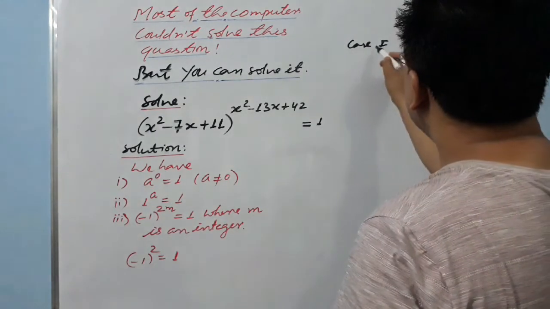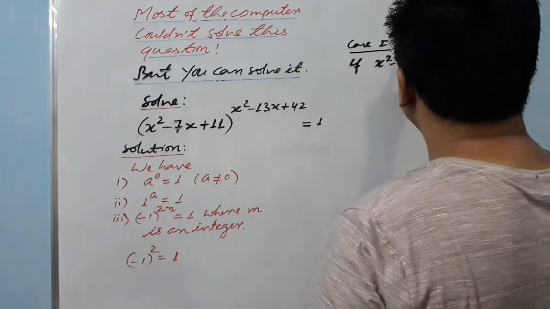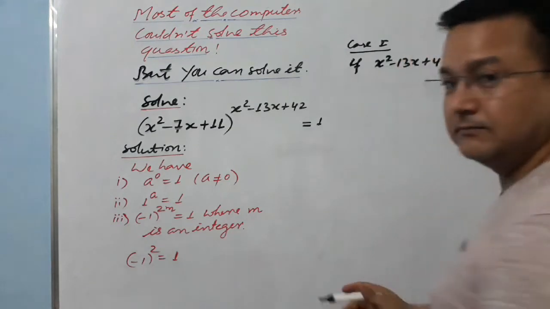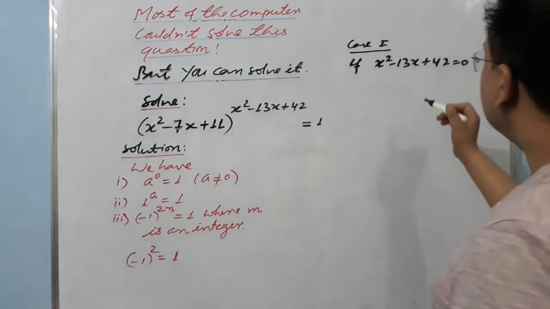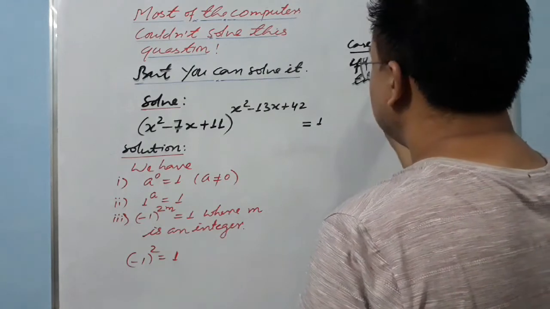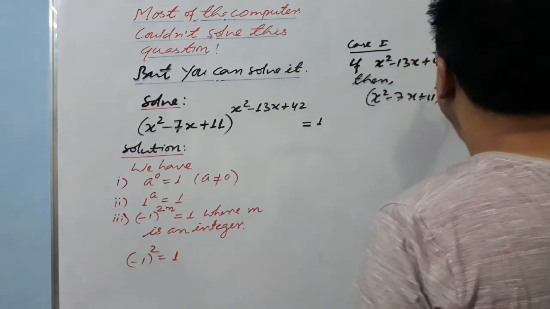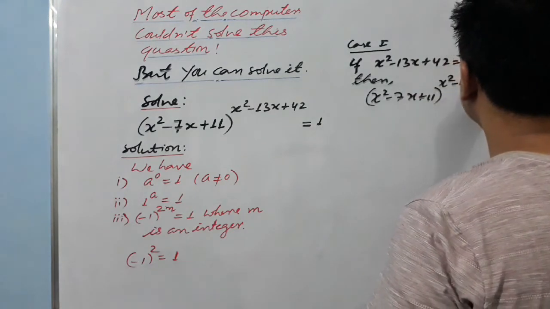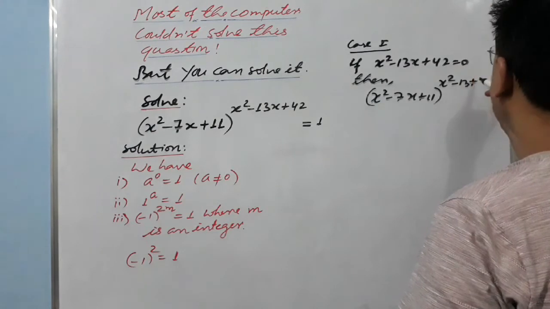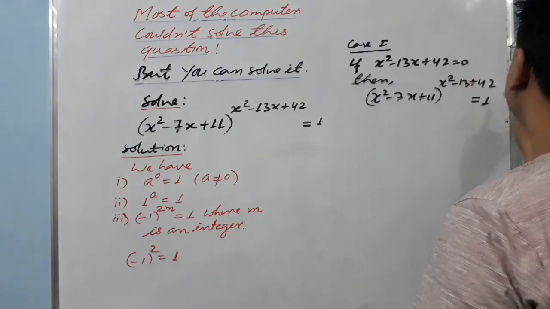So this means, according to case first, if x square minus 13x plus 42 is equal to 0, then x square minus 7x plus 11 raised to power x square minus 13x plus 42 becomes 1.